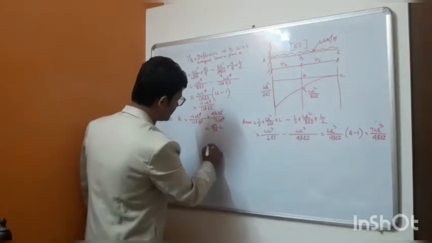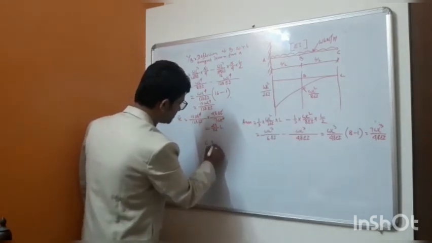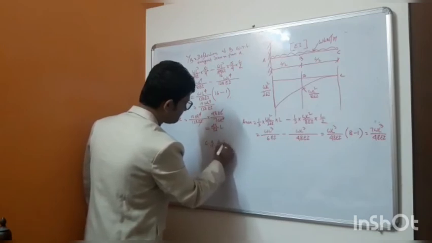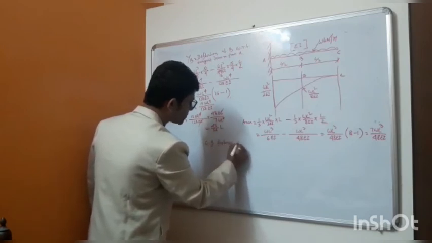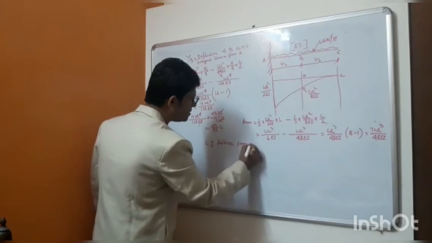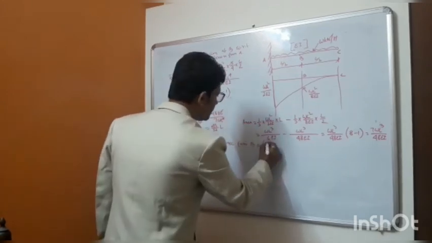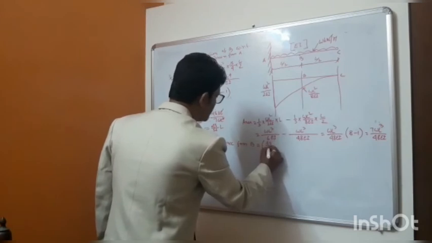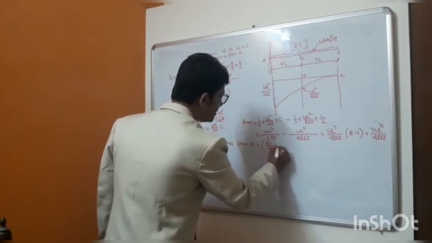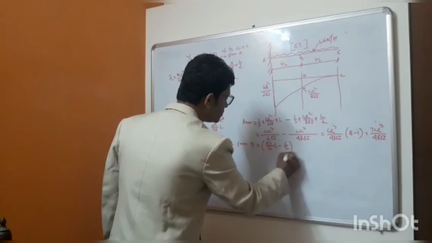So now we have to find the CG distance from the point B. So the CG distance from B will be equal to 45 by 56 L minus L by 2.